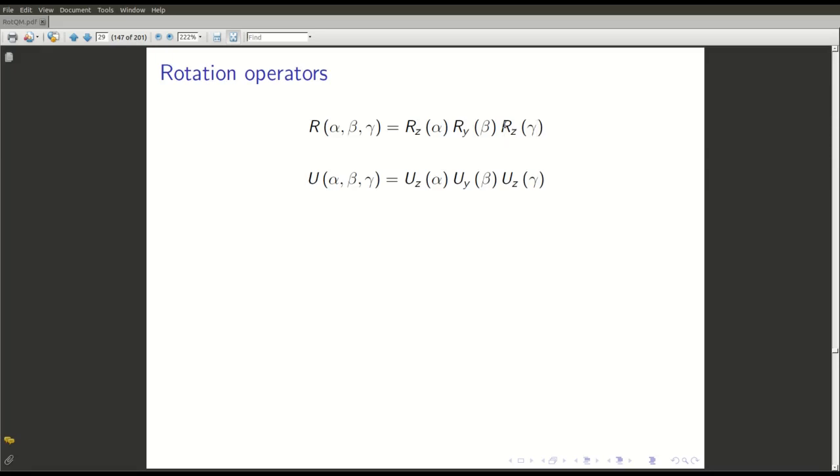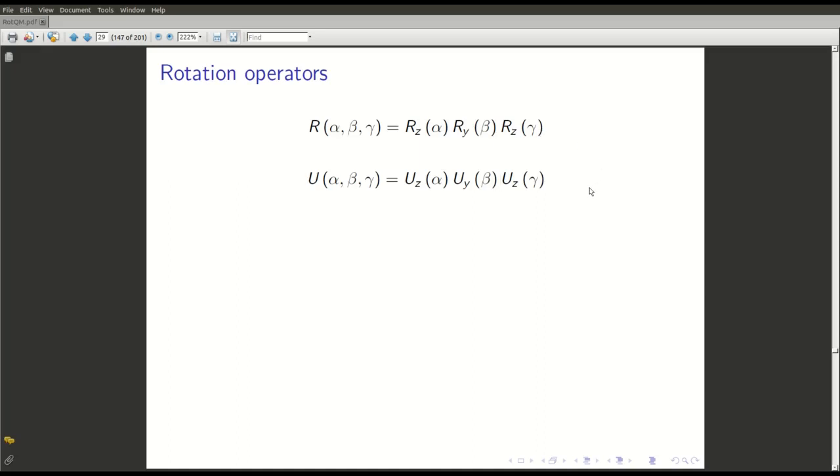That is, in this case, Rz gamma acts first and Uz gamma acts first on the corresponding ket. Then Ry beta acts next on coordinates, Uy beta acts on the ket. Rz alpha acts on coordinates, Uz alpha acts on kets.